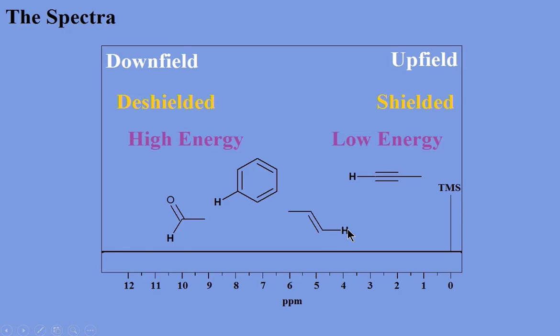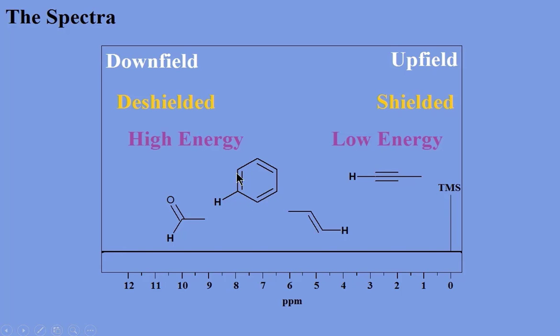We move on to a hydrogen connected to a pi bond, a double bond. The magnetic field produced by those pi electrons is working with the external magnetic field and is therefore a deshielding effect. That deshielding effect is stronger when the hydrogen is connected to an aromatic ring.